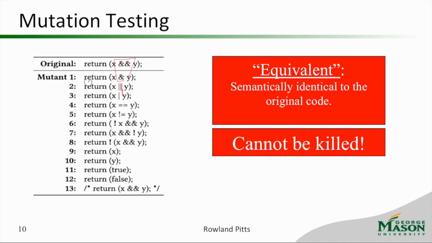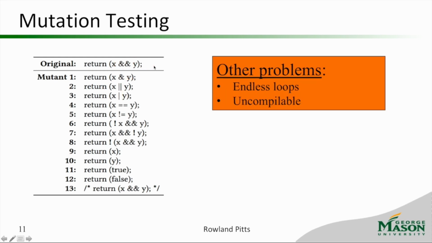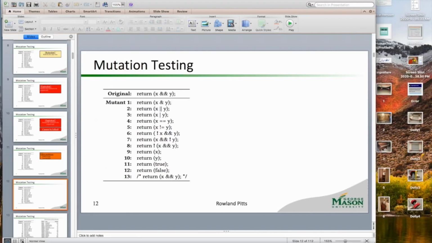So this first mutant would behave identically to the original source code, and therefore the mutant would not be detectable by unit tests. Other kinds of nuisance mutants are mutants that might create endless loops or be uncompilable. But the mutation testing tools are pretty good about catching these kinds of mutants.